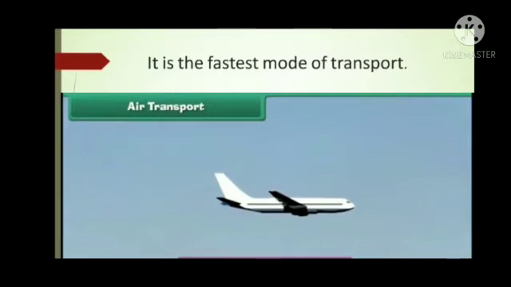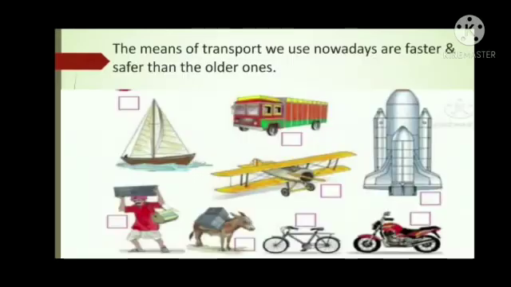To travel far from the earth, we use rocket or aeroplane. Push carts with wheels used to carry heavy loads, and the boat is used to travel through water. Now here are some pictures of transport.